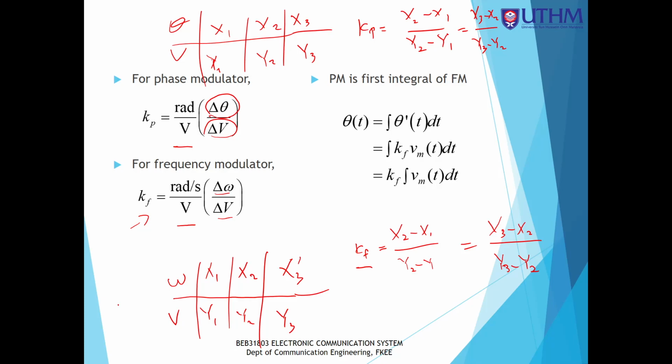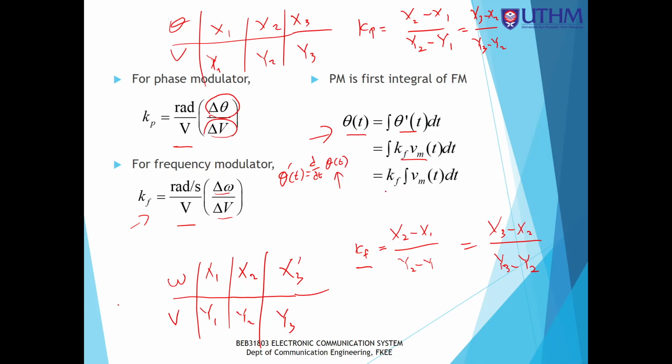Okay, and again, if you want to find theta prime t, as I mentioned previously, it is the first derivative of theta t. And if you want to find theta t, that means you need to do the integral process. So theta t is the integral of theta prime t, which is equal to Kf Vmt.